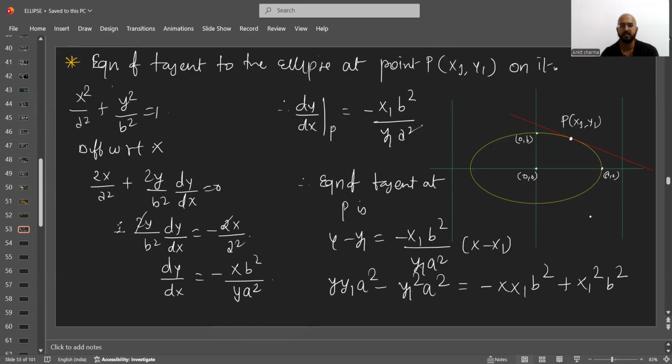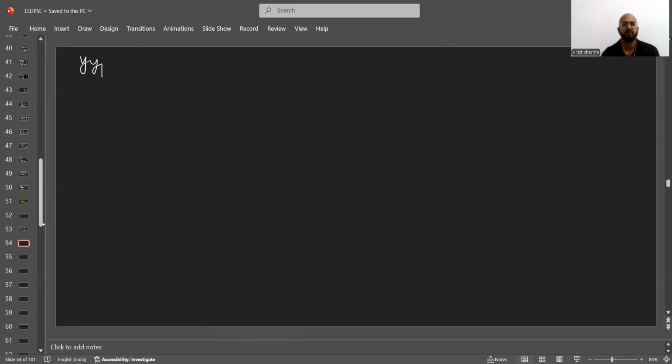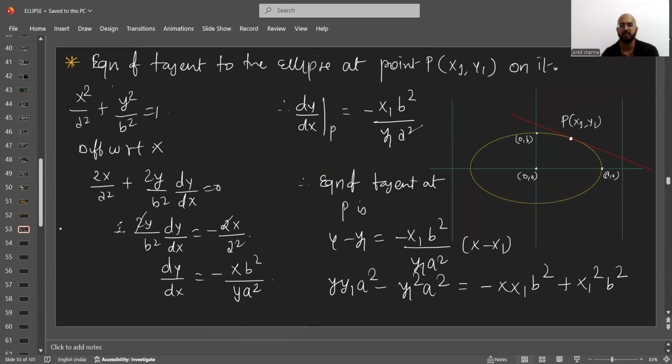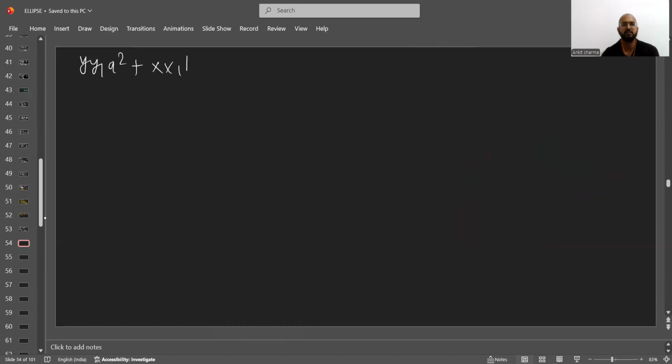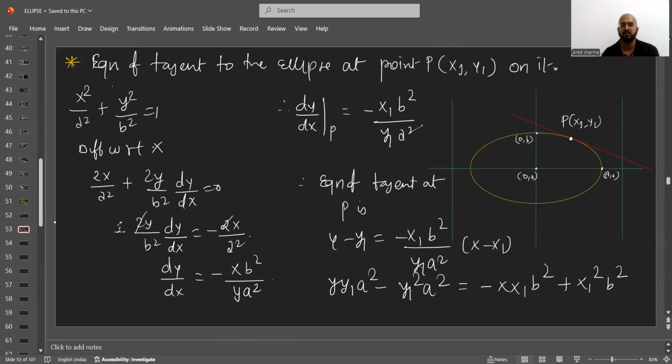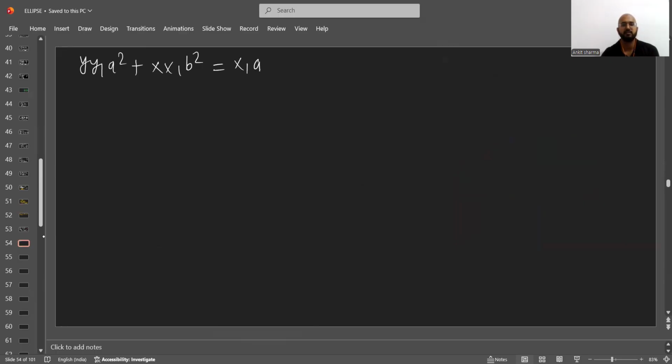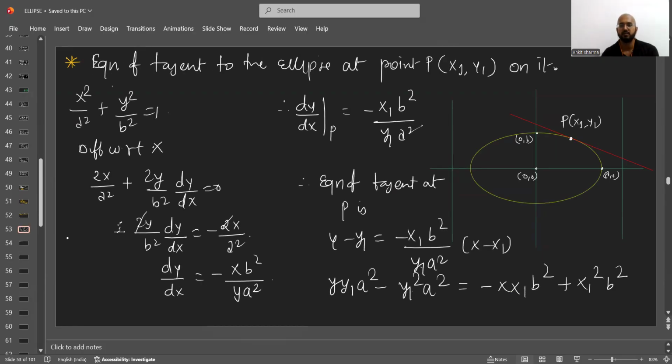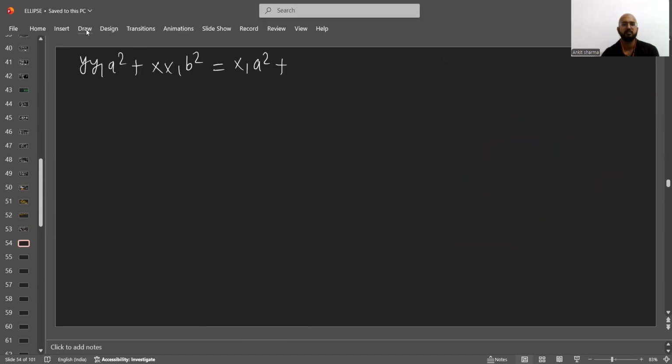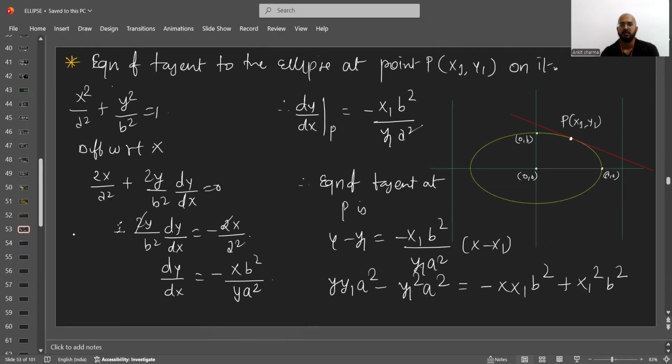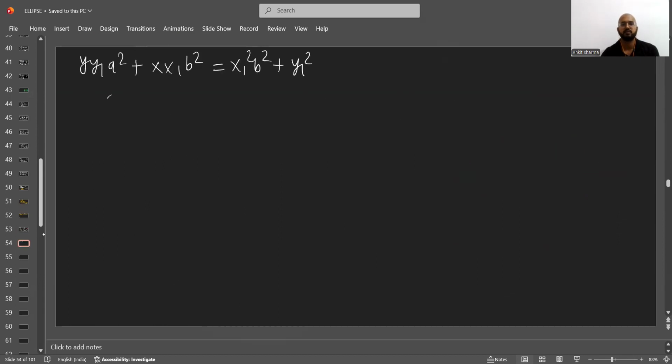Now we can transfer this to that side, and I end up getting y1 a square plus x1 b square on one side, and x1 square b square plus y1 square a square on the other.